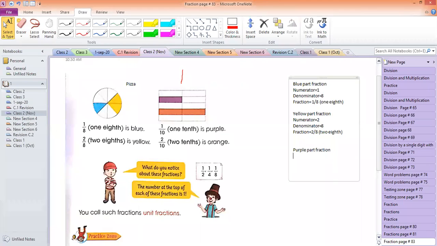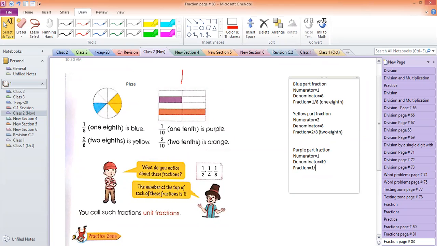So what is the numerator here? For purple, only one purple part is shaded, so the numerator is 1. And what is the denominator here? We have already checked the denominator is 10. These are 10: 1, 2, 3, 4, 5, 6, 7, 8, 9, 10. They are a total of 10 equal parts. So how will you write its fraction? In a fraction, you always write the numerator first.